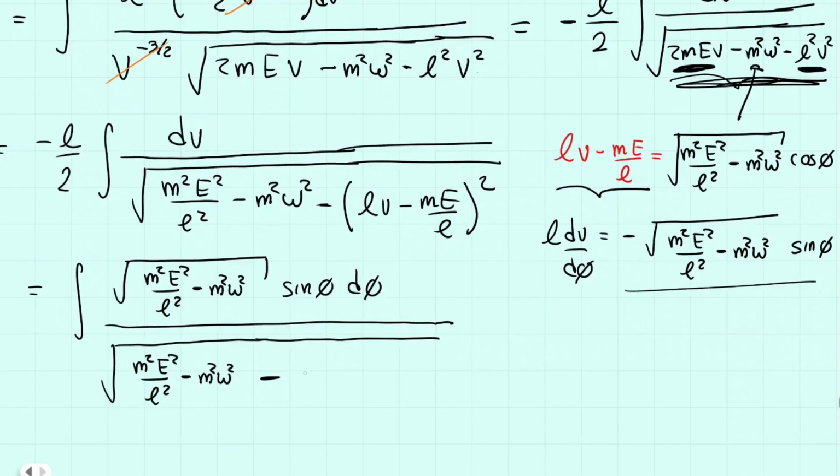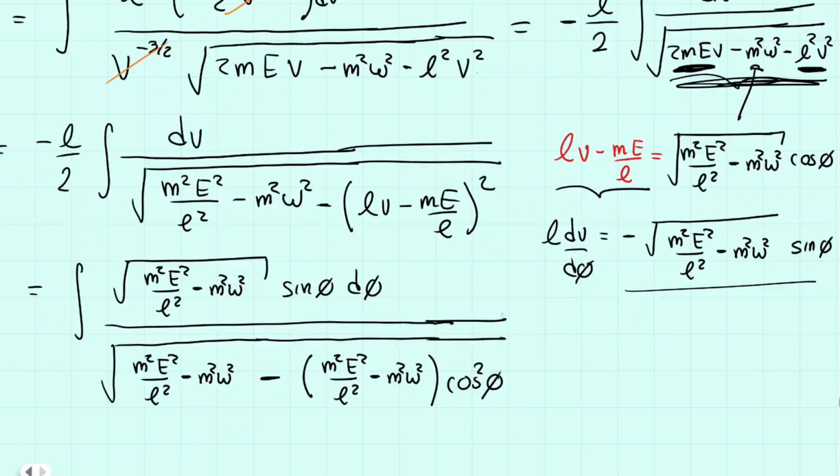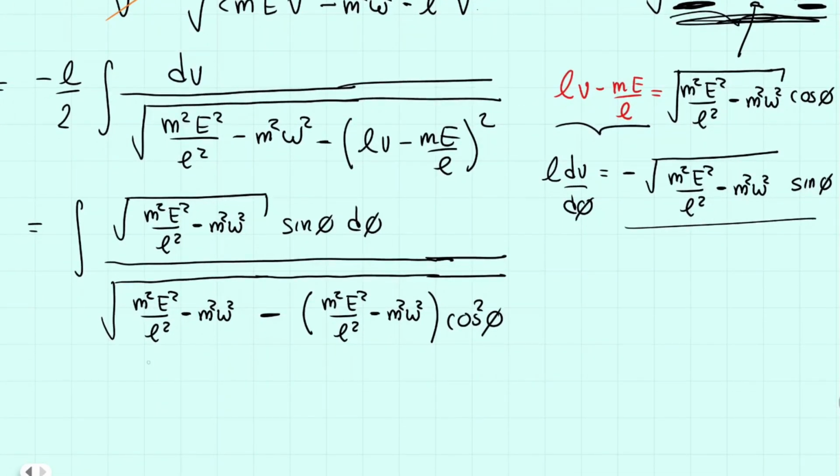Okay, so that is going to give us this expression again times cosine squared of phi. Okay, look that we have a common factor here.